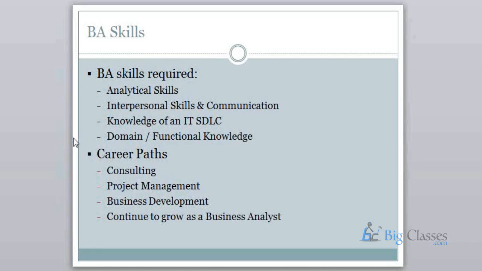You could move into business development, wherein you can understand the requirements of your prospects and convert them into projects, winning new business for the company you're working for. You could also move into consulting if you have gained a considerable amount of functional knowledge. That depends on your further interest. So these are the various career paths, as a next level to your BA role.